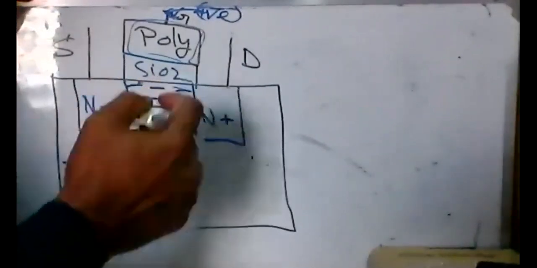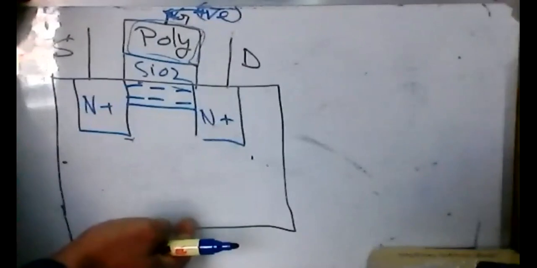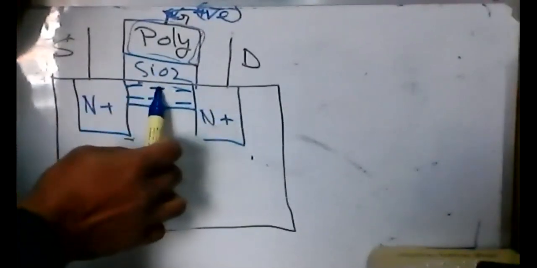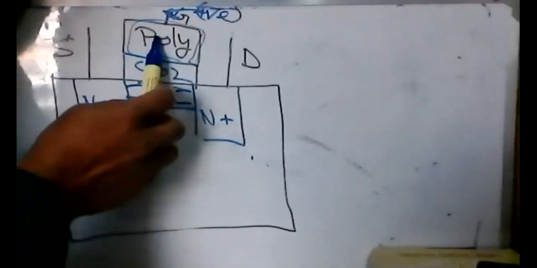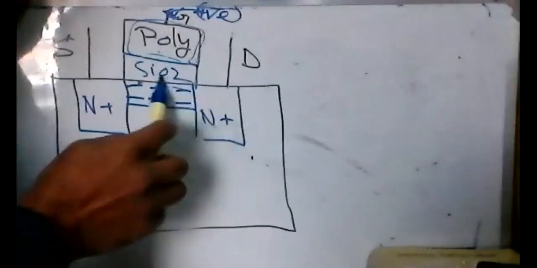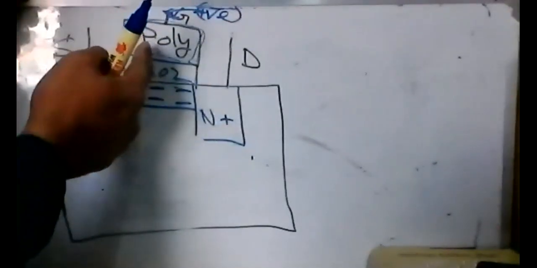Several electrons coming from the bottom area will try to cross the silicon dioxide and go to the poly because of the positive voltage. But the silicon dioxide is an insulator, so they cannot go over there.